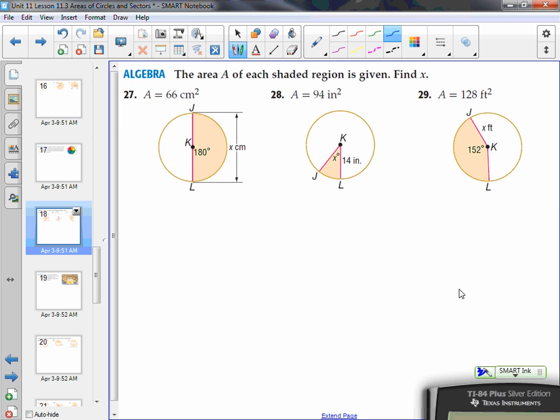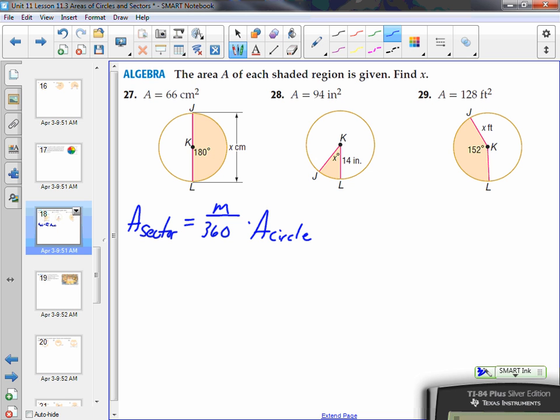All right. 27 says the area A of each shaded region is given. Find x. All right. So it's a sector. We know that the area of the sector equals m over 360 times the area of the circle. So let's fill in what we know.